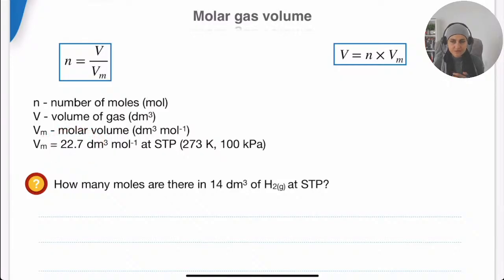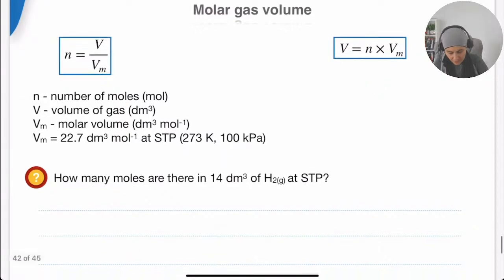So molar volume tells you what volume 1 mole of ideal gas would occupy at certain conditions. If you change the conditions, the molar volume would change as well. For IB, usually these are standard conditions. If you're solving older questions, they can give you molar volume for room temperature and pressure, for example. If you know the molar volume, you can use the formula moles equals volume over molar volume, or rearrange it to find the volume, which is n times molar volume.